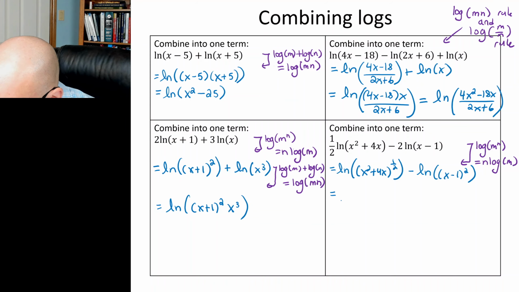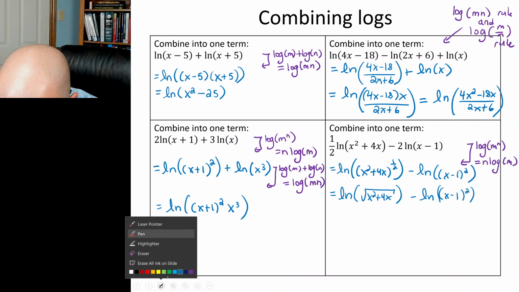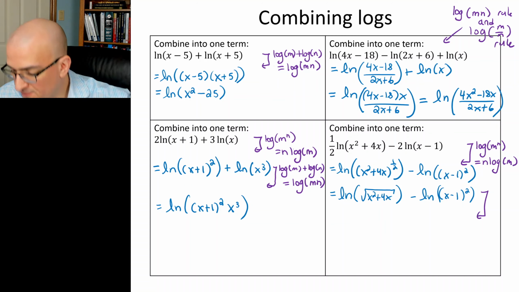I'm also going to do another step before combining these pieces. I'm going to rewrite this as a square root. Power 1/2 means square root. That square root conversion had nothing to do with logs, it was just an exponent law.